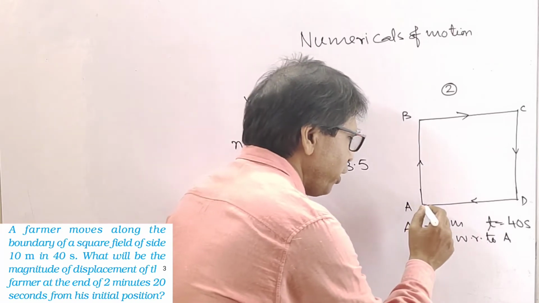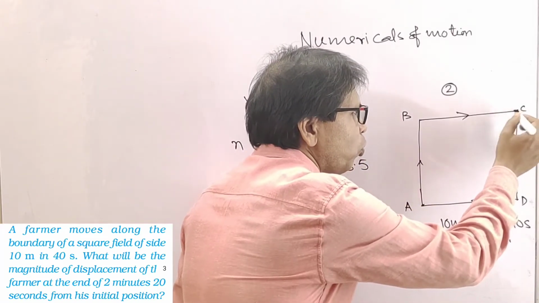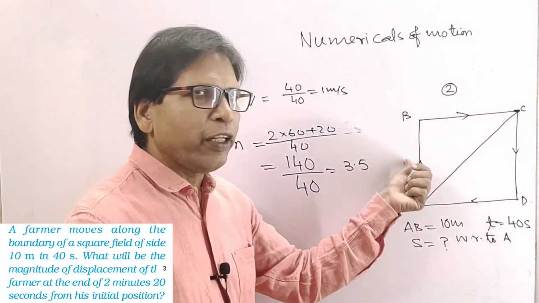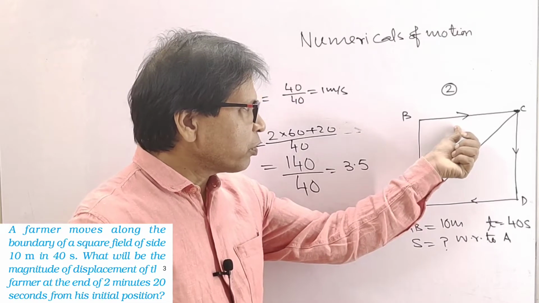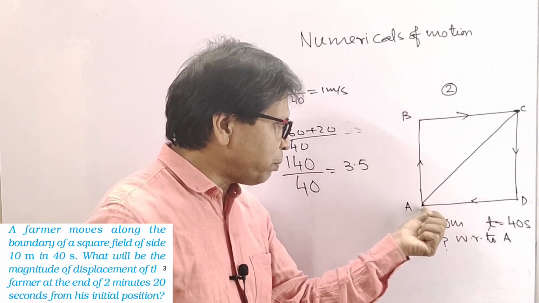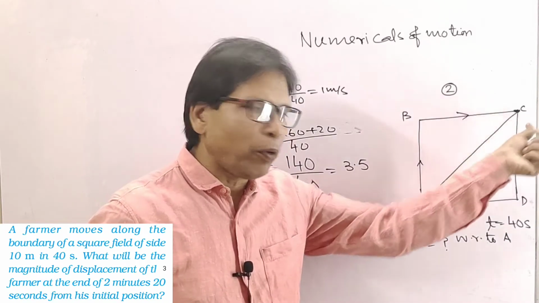So the farmer reaches from this point to this point. Look at this, this is the displacement. This is a right angle triangle. This is 10 meter, this is 10 meter. So displacement is the distance between initial point and final point.